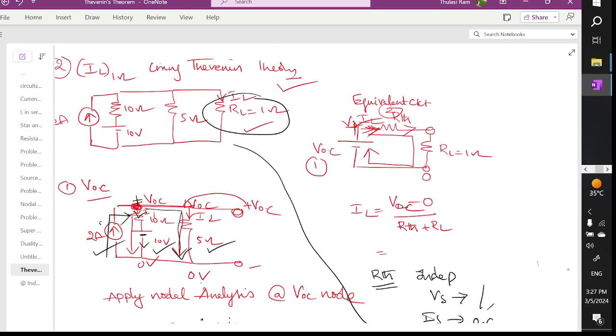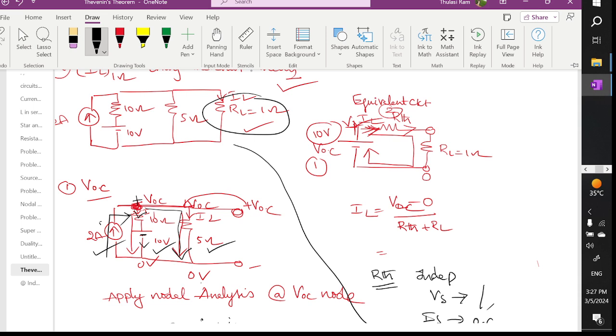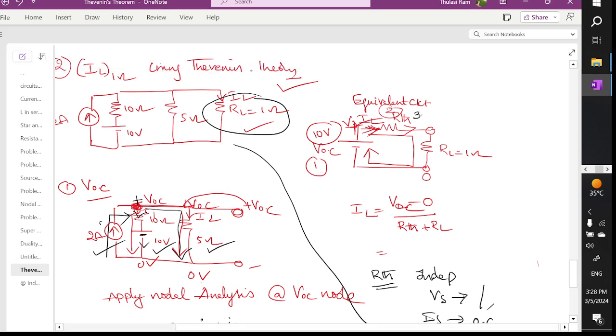When you replace this, VOC is equal to 10 volts, and here we got R Thevenin as 3.3 ohms. So this is nothing but 10 minus 0 divided by R Thevenin 3.3, plus load 1. When you perform it, you are going to get 2.325 amperes as your answer.